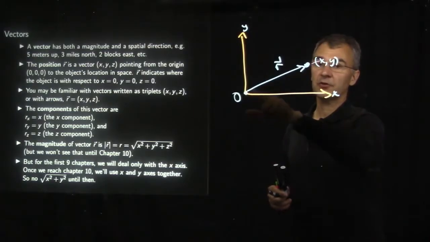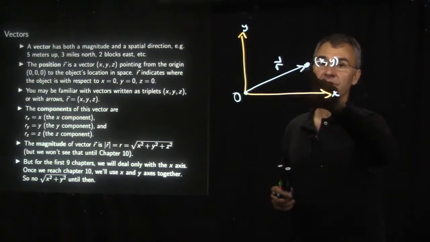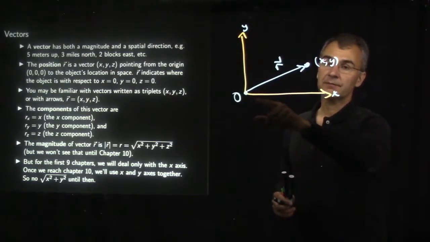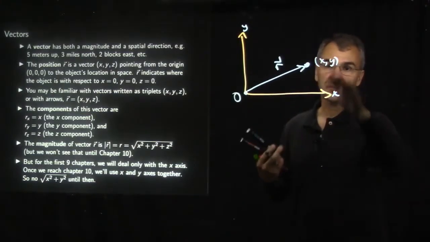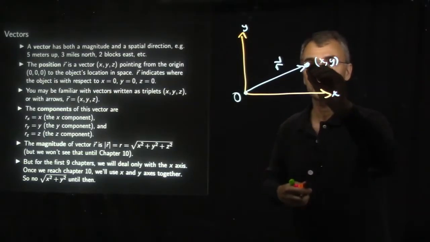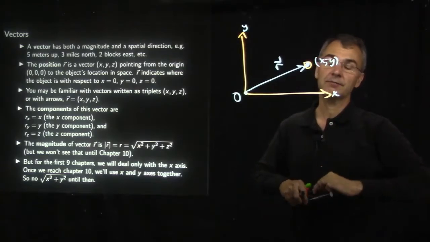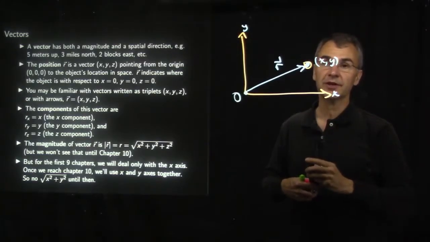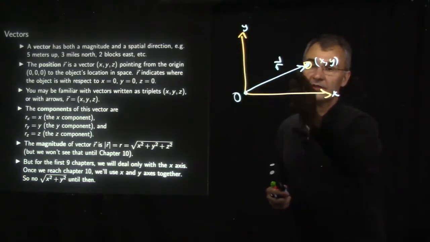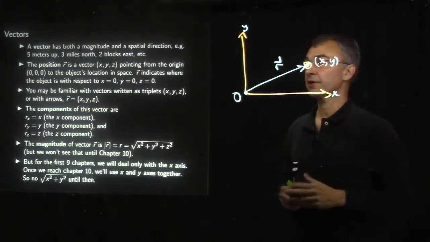The tail is at the origin. The head of the arrow is at the point xy that we represent. Although we also think of this ordered pair xy as simply representing this position, this dot on the plane, most of the time we think of a vector as an arrow. And so in this case, it's an arrow from the origin to this point xy.